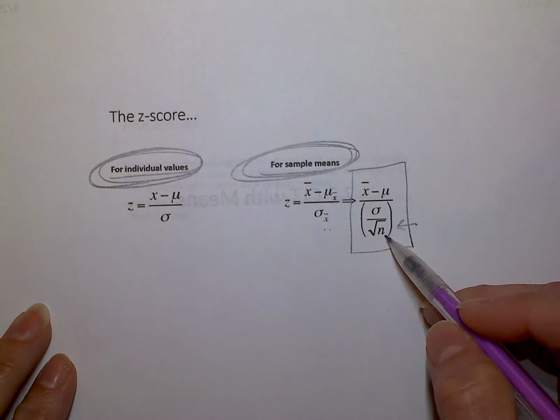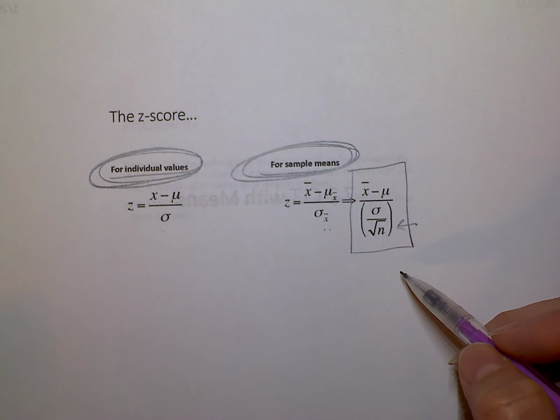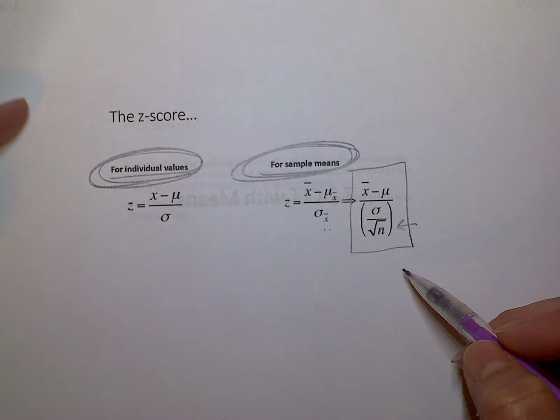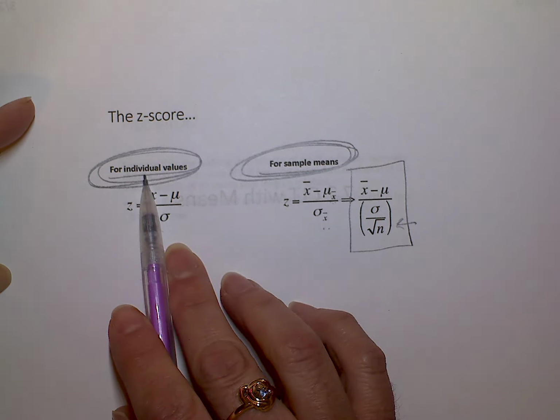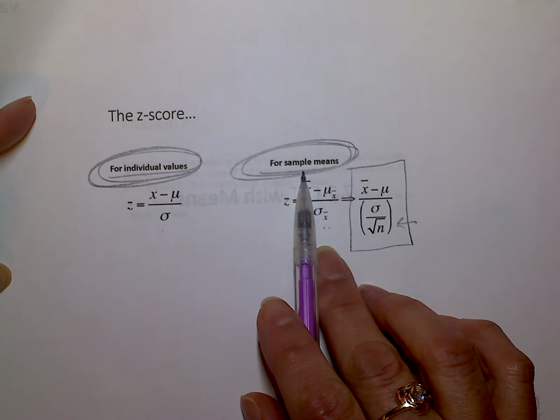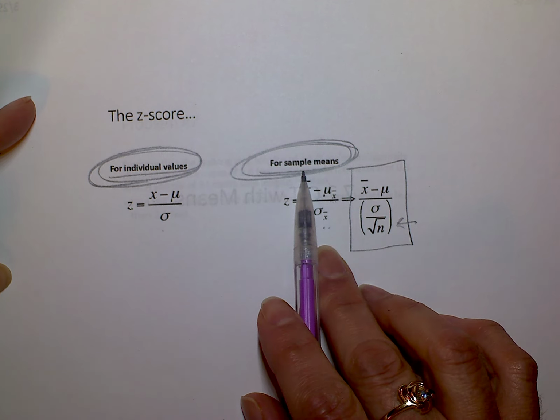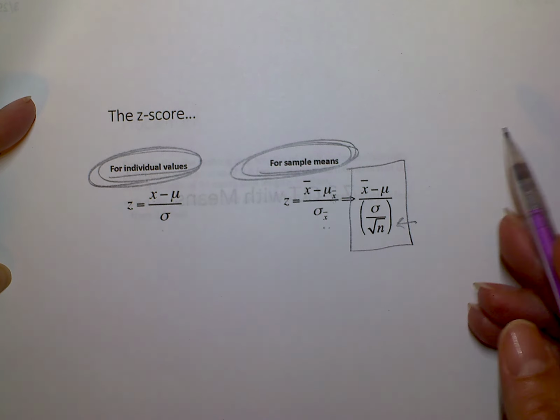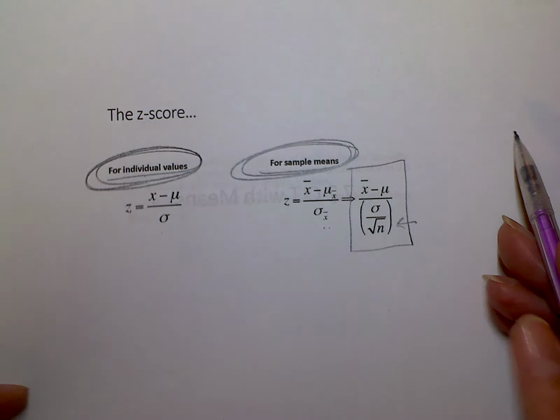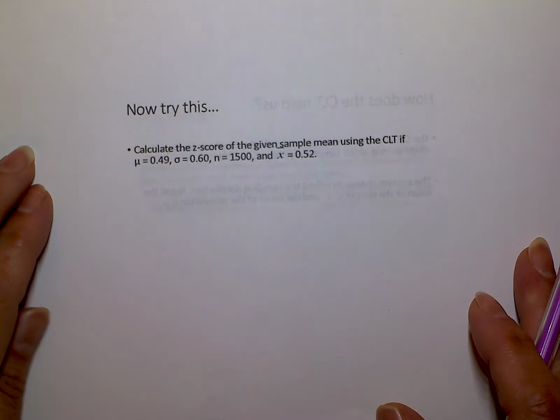But when I divide by square root of n, that changes it to be for the sample. That'll change your z a lot. So you have to be careful that you're looking at one person or a group of people, or cars or airplanes or whatever, okay?